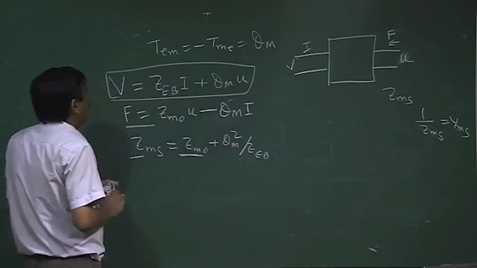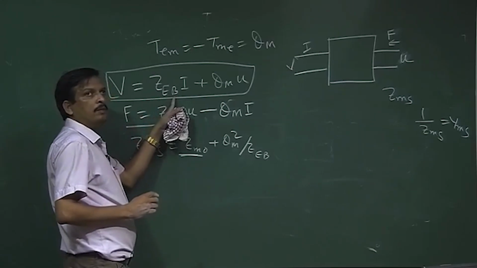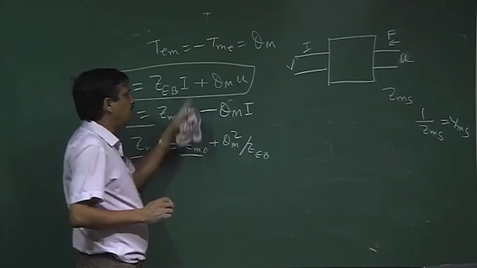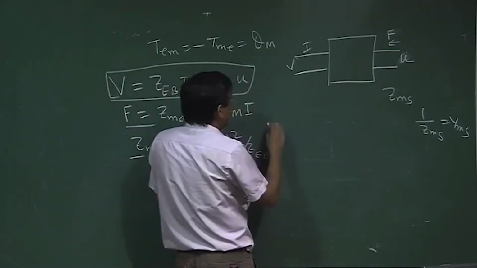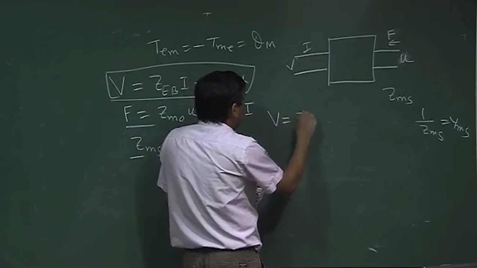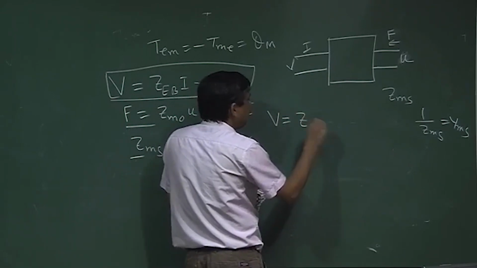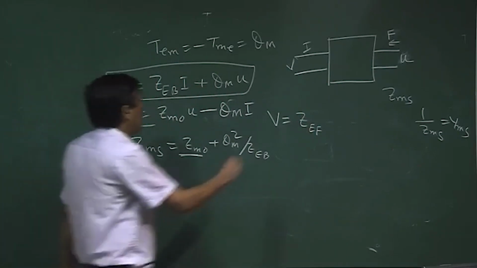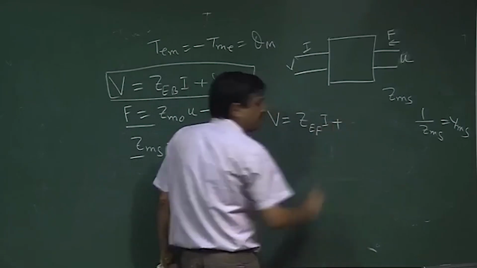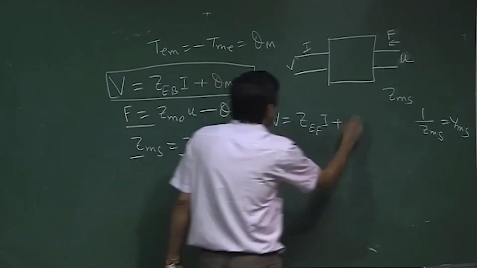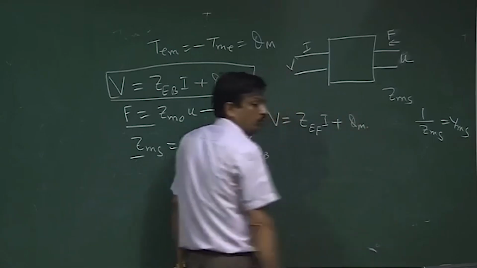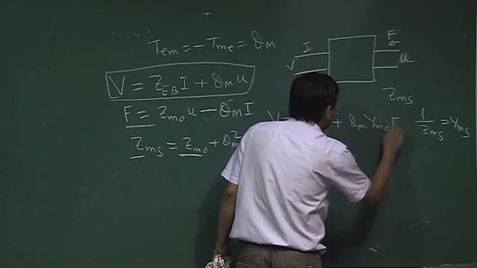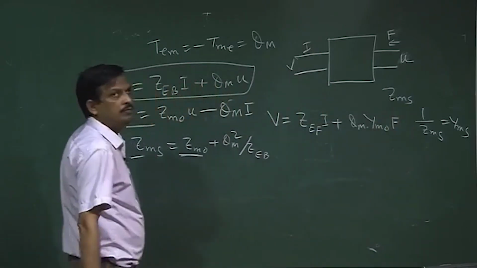V is equal to the block electrical impedance into I. Now, if I apply mechanical duality, then instead of ZEB, V will be ZEF into I plus phi m into YMO into F. Why?